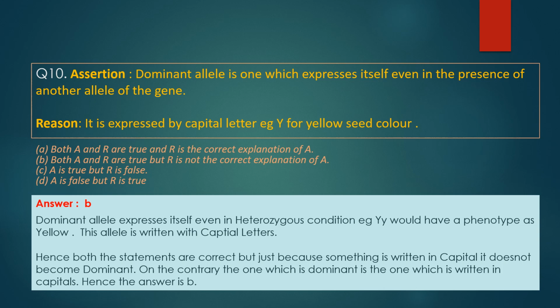And this allele is written with capital letters. So that is correct. However, the reason: just because something is written in capital letters does not make it dominant. On the contrary, since it is dominant, it is written in capital letters. So both the statements are correct, but R is not the correct explanation of A. Hence, our answer would be B.